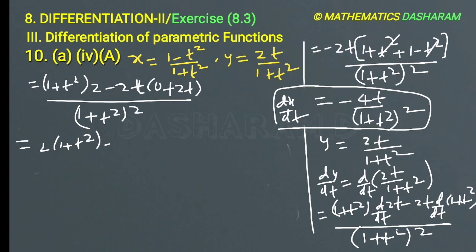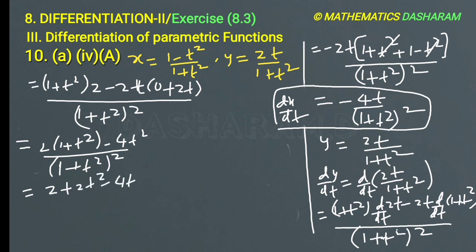So overall minus 4t square divided by (1 plus t square) whole square. Now take the 2 common. Otherwise multiply 2 inside: 2 plus 2t square minus 4t square divided by (1 plus t square) whole square.